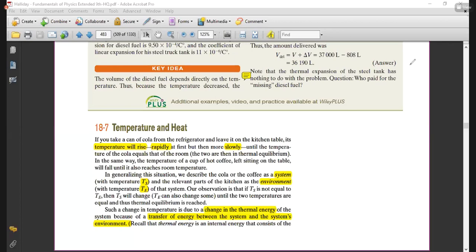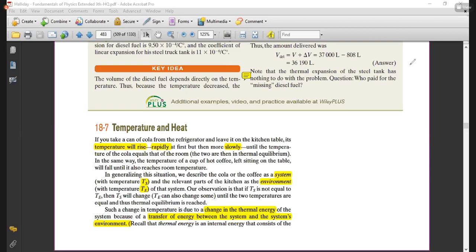So same is the case here. When you pull out some cold fruit or vegetable or a can of cola from the refrigerator, it has a lower temperature while the atmospheric temperature is higher. After some time, according to the zeroth law, when two bodies come into contact, they will reach an equilibrium point.